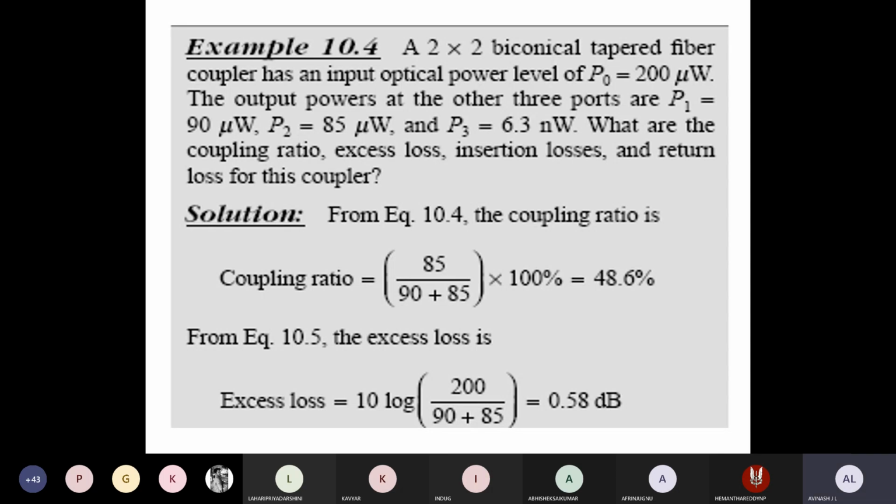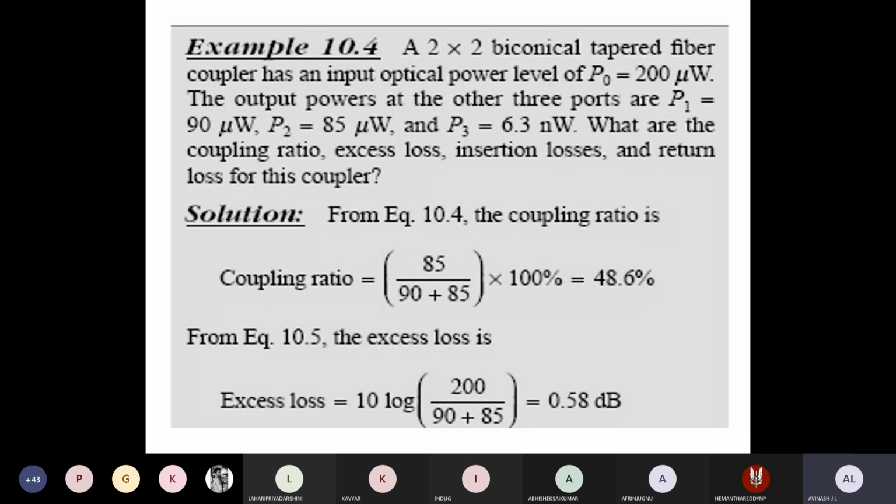A 2x2 biconical tapered fiber coupler has an input optical power level. Here P0 is given, and P1, P2, P3 are also given. Once all these are given, you need to write the coupling ratio. What is the coupling ratio formula?